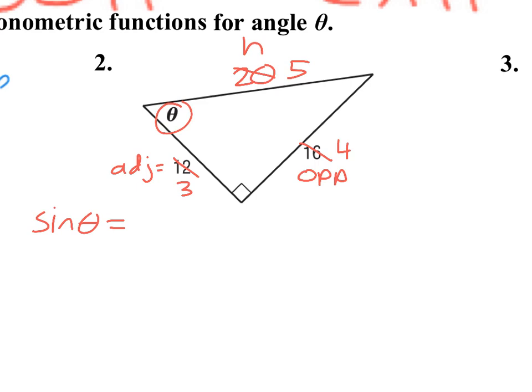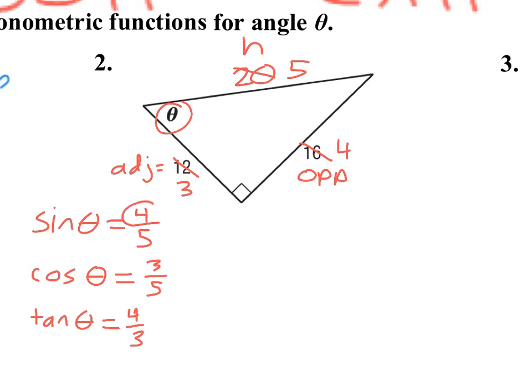So sine is opposite over hypotenuse. Cosine is adjacent over hypotenuse. Tangent is opposite over adjacent. And I think the faster way to do tangent is always just to take the numerator here and divide by the numerator there.